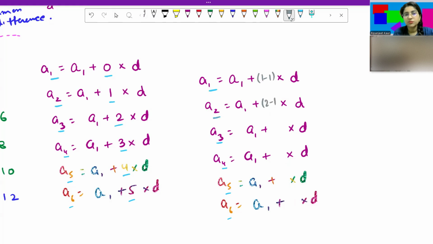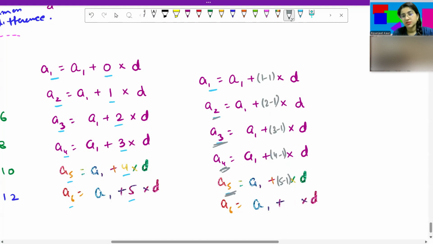Original term is 2, 2 minus 1. Original term is 3, so it's 3 minus 1. Original term is 4, so it's 4 minus 1. Original term is 5, so it's 5 minus 1. Original term is 6, so it's 6 minus 1. Do you think this is correct to write? It is the same thing?